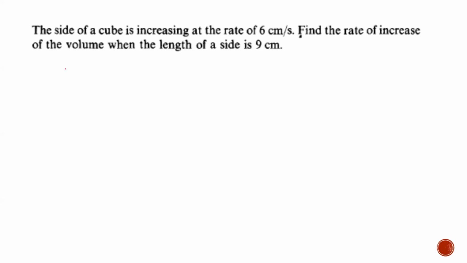So basically, if this is our cube, and we call the side length x, we know that dx/dt, the rate of increase of the length of the side, is 6 centimeters per second. This is dx/dt, the rate of change of x with respect to t, time.